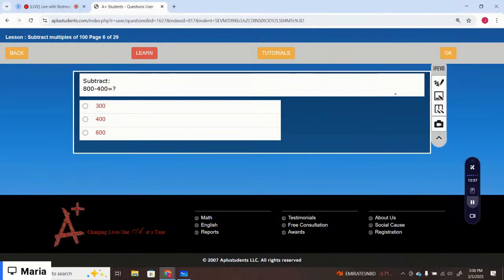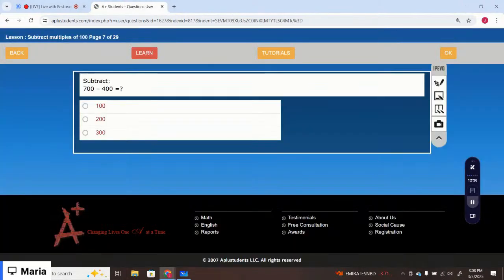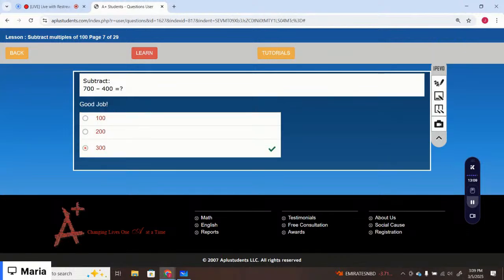Then 800 minus 400 equals 400. Very good. Option number 2 is the correct option. 700 minus 400 equals 300. Option number 3 is the correct option. Very good.